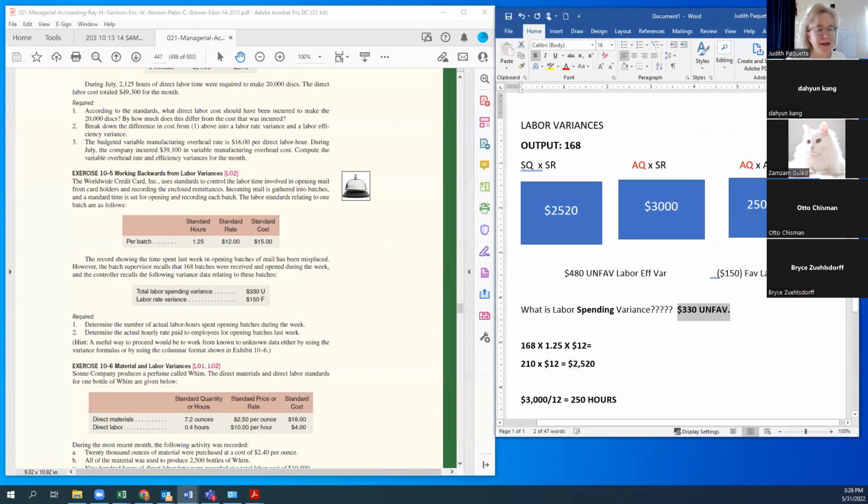So remember, we show that as a negative because that reduced costs. The combined variances of the efficiency and the rate are 330 unfavorable. So in order to get to 330 unfavorable, we just back into it: 330 minus a minus 150 equals 480.